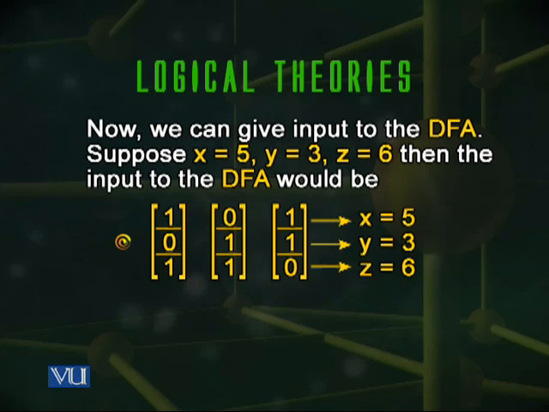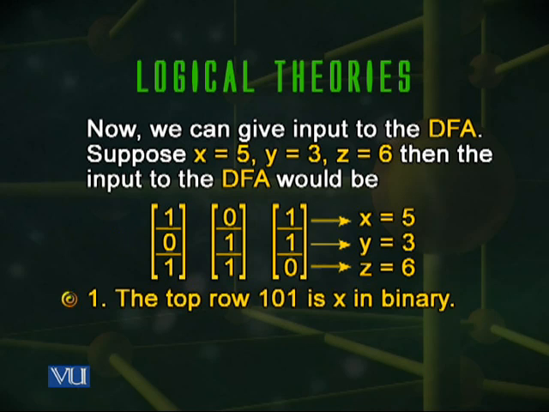So take an example. Here x equals 5, y equals 3, and z equals 6. Then the input to the DFA would be: the first character will be 101, the second character would be 011, the third character would be 110. The top row reads 101, which is x in binary because x equals 5.